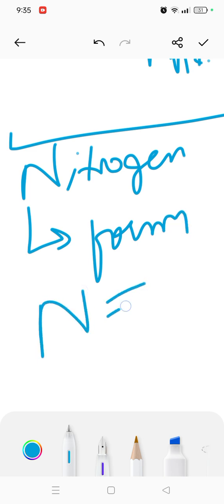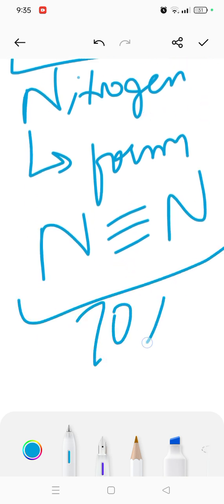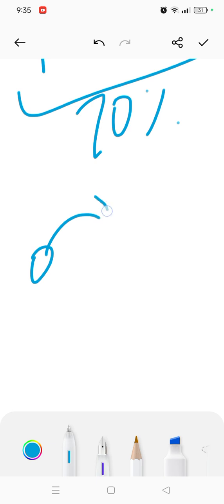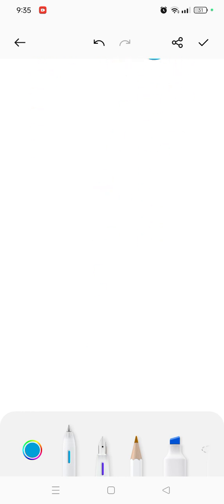Nitrogen present in the air has 3 bonds, and it is about 70%. What exactly do I mean? The nitrogen required is in several forms. If nitrogen is going to be used by the plant, it is not possible for the plant to use it in the same form, so there are several conditions we need to look into.